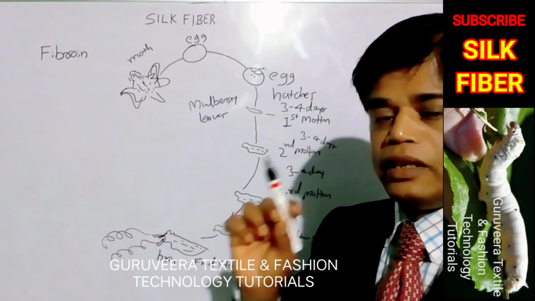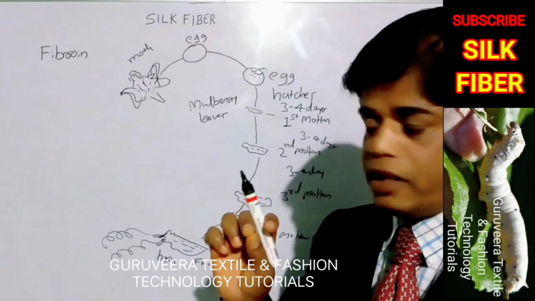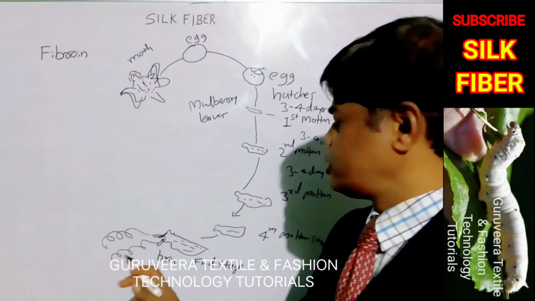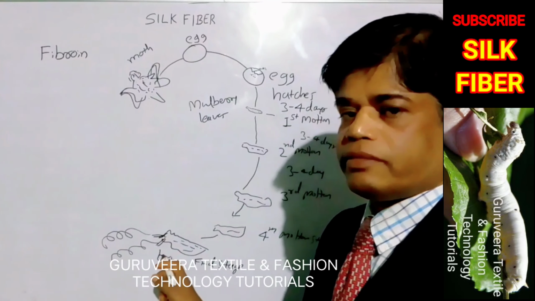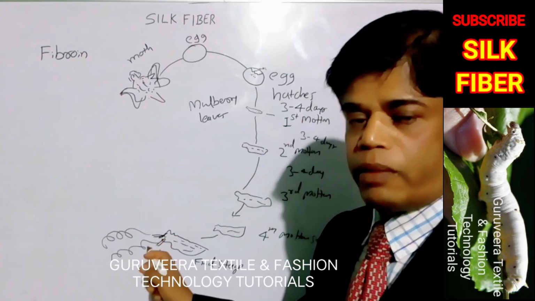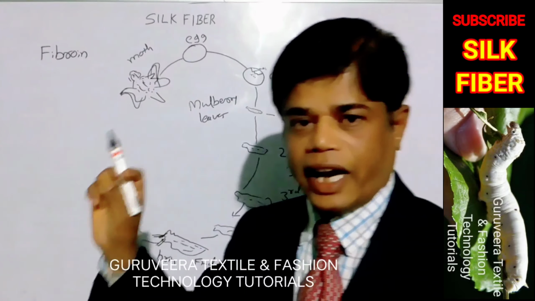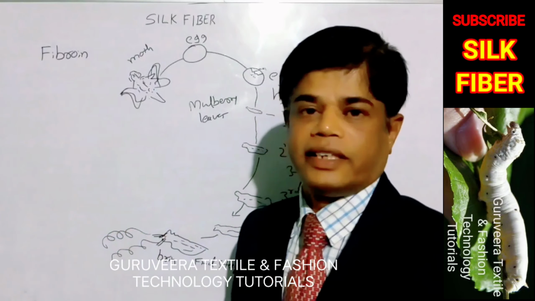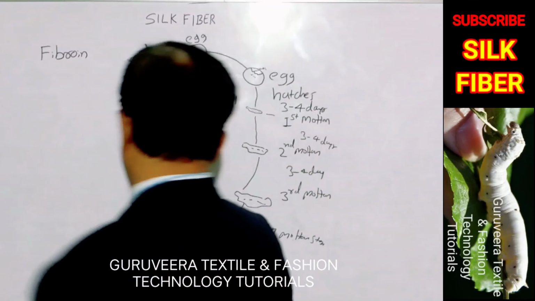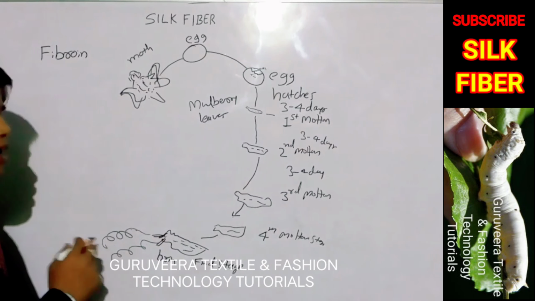The fibroin, the liquid form of the protein solution, is forcefully extruded through the spinneret. Whatever comes out, the liquid fibroin protein, when it comes in contact with the air, it gets hardened.